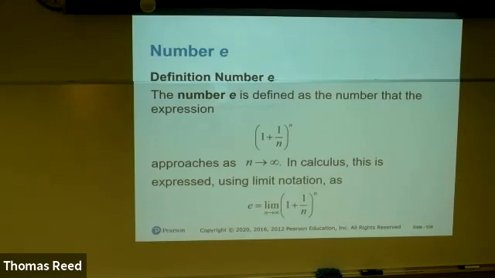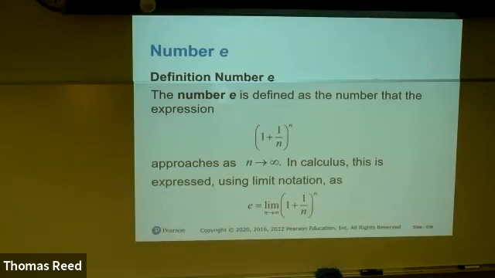e is defined as a number in the expression (1 + 1/n)^n as n approaches infinity. In calculus, we use limit notation: the limit as n goes to infinity of (1 + 1/n)^n.